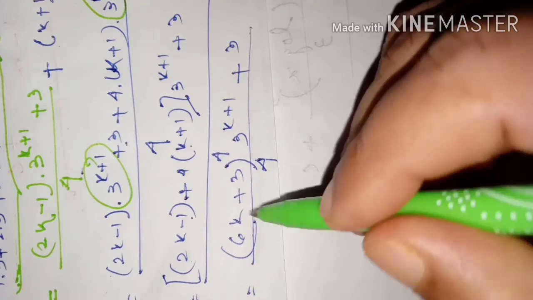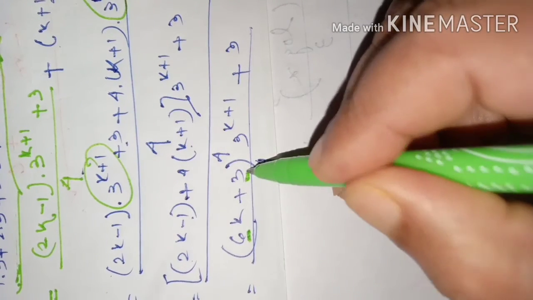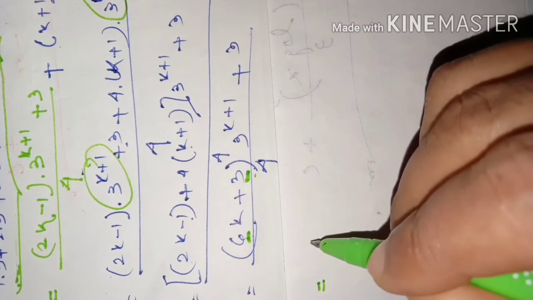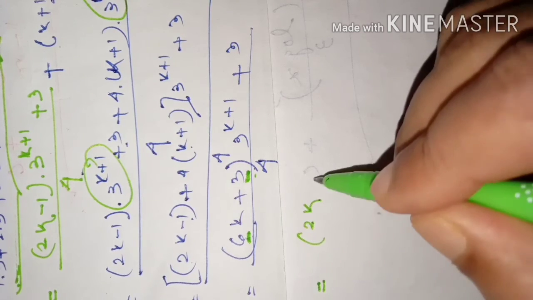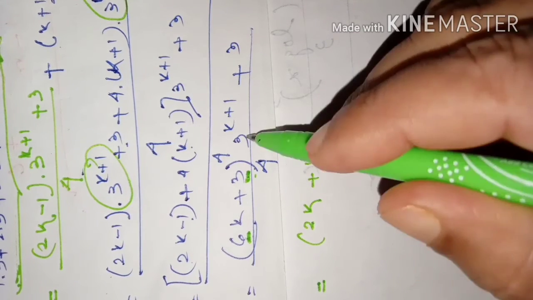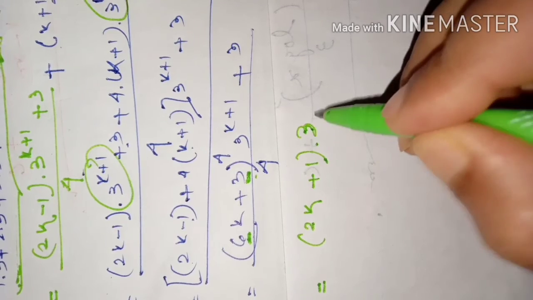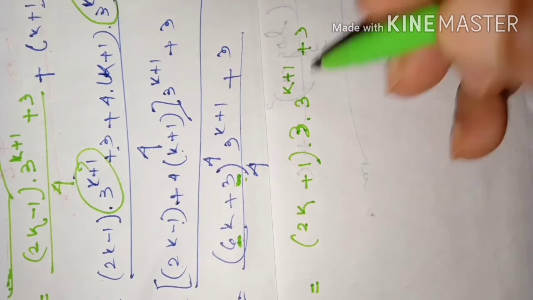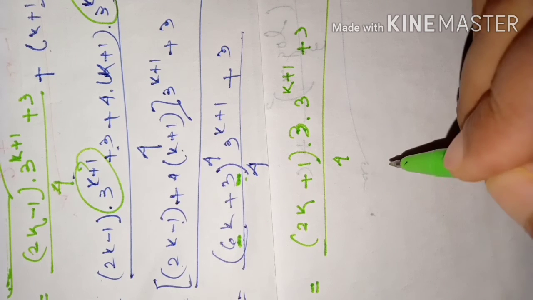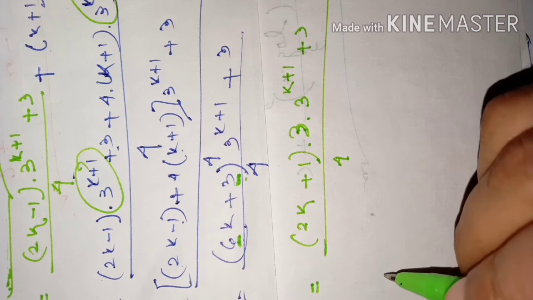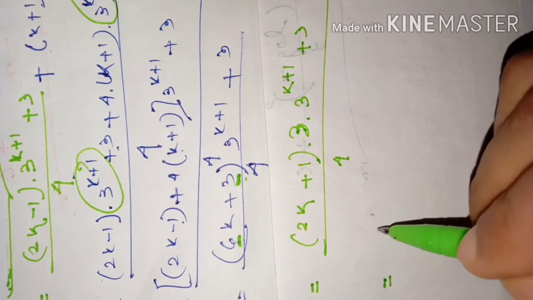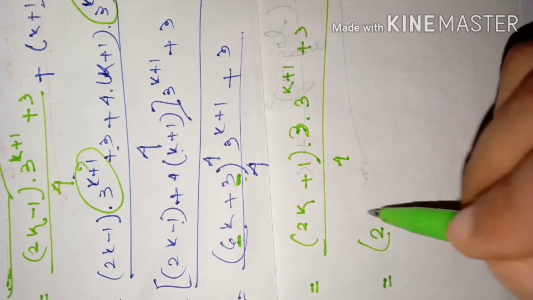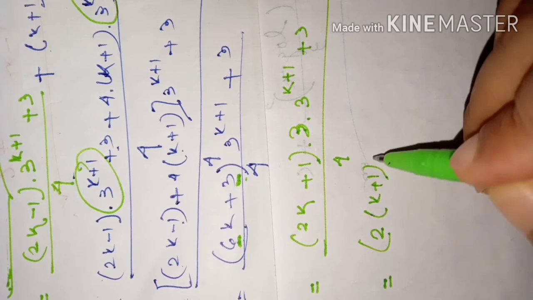Now if you take a 3 common from here and here, then it will be like this. After taking 3 common, it will be twice k plus 1, then one 3 will be out, so into 3 into 3 to the power of k plus 1, plus 3 divided by 4. Then we can write it like this: twice k, I can write as k plus 1 minus 1.